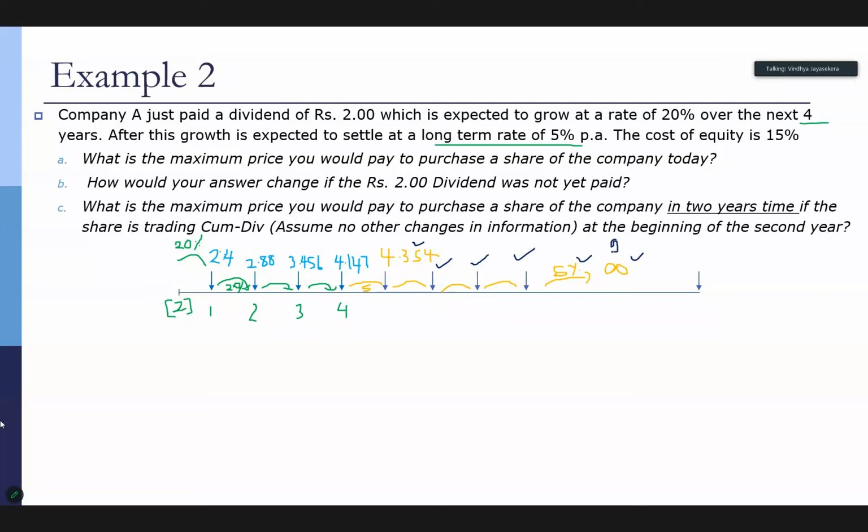I can apply the constant growth model to come up with the value of this set of future cash flows. So what is the first point I can apply the constant growth model to? Is it year 1, 2, 3, 4, 5, 6, 7?